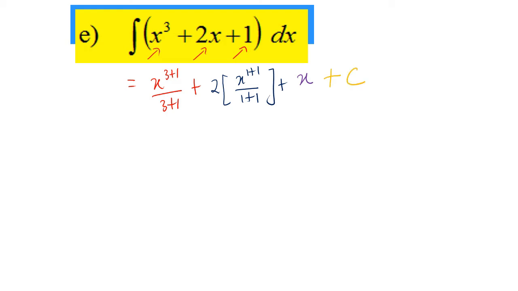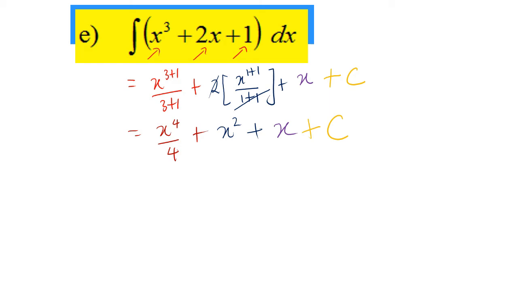Okay, next here, when we simplify it, our first term here will be x to the power of 4 over 4 plus, okay, 2, the denominator side also 2 here. So it will be x squared plus x plus c.